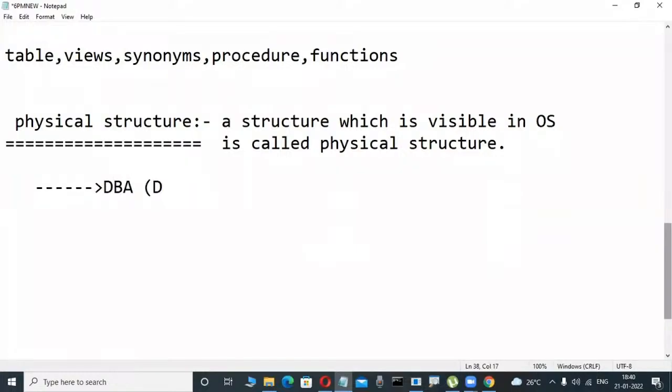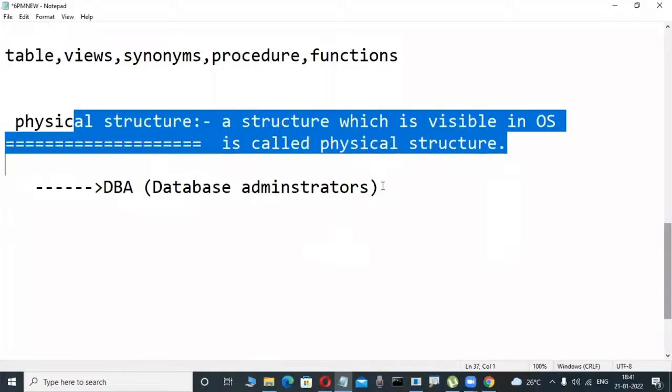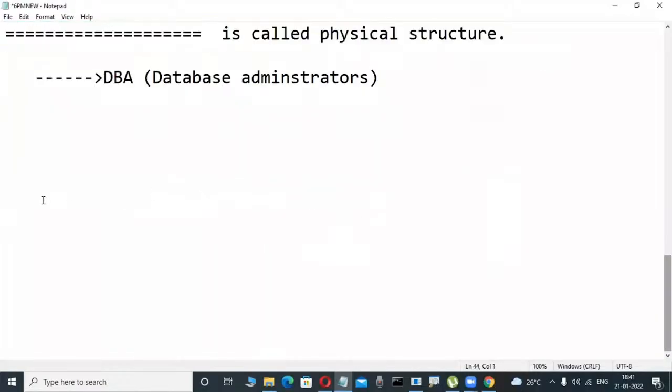In a project, some other type of persons are there in a database: database administrators. DBA persons only work in the physical structure. Suppose I am an Oracle DBA, I am learning Oracle DBA.